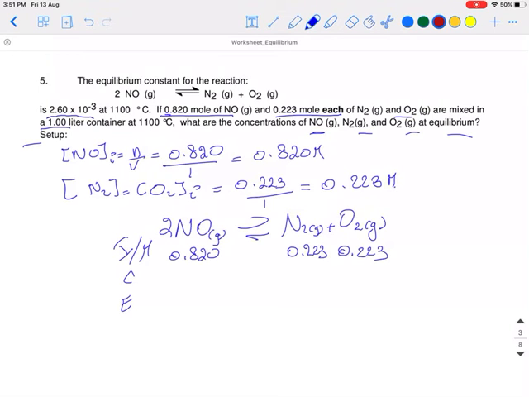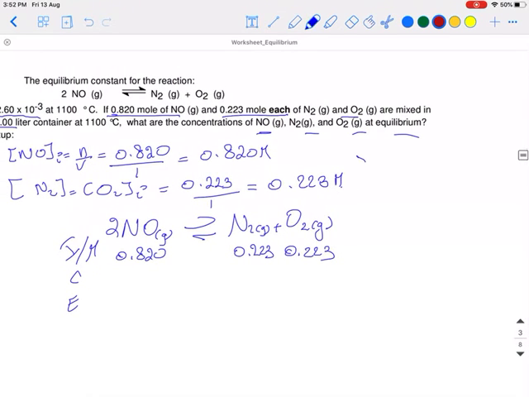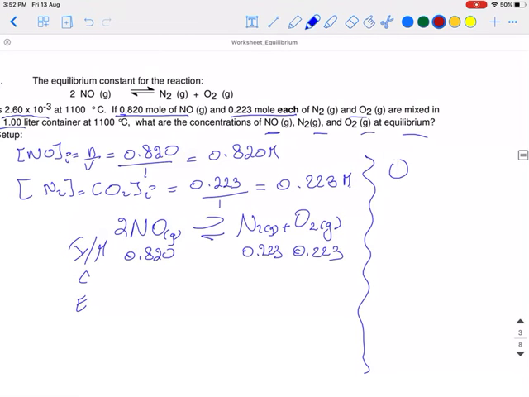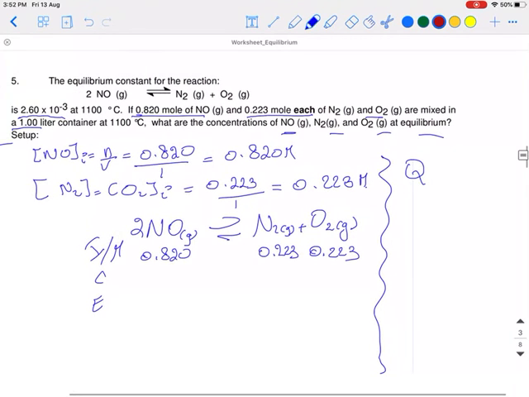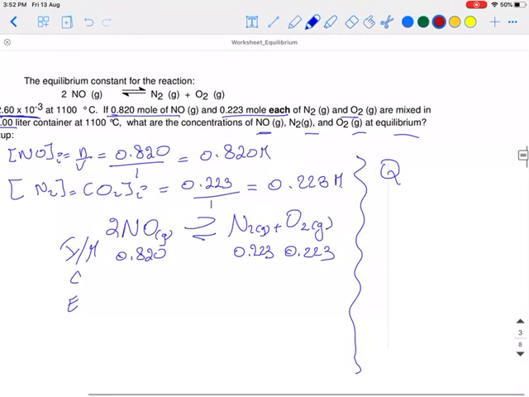Here I don't know from where the reaction will start, so I have to find the reaction quotient, because Q will lead me. I will compare it to the value of K to see how the reaction proceeds.